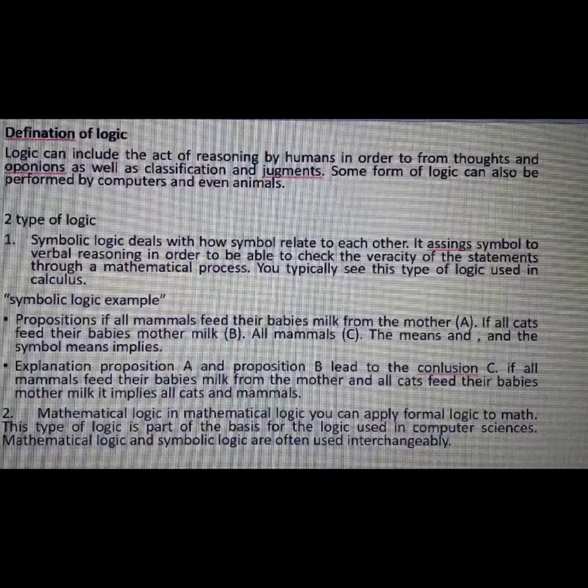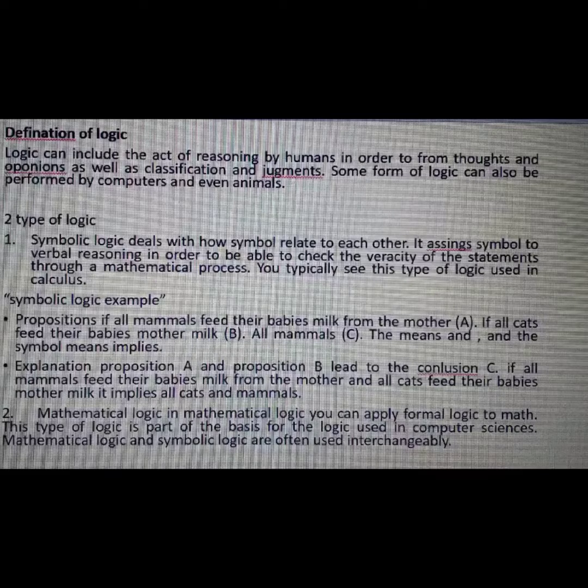Definition of logic. Logic can include the act of reasoning by humans in order to form an opinion, as well as classification and judgment. Some forms of logic can also be performed by computers and even animals. There are two types of logic. Number one, symbolic logic.